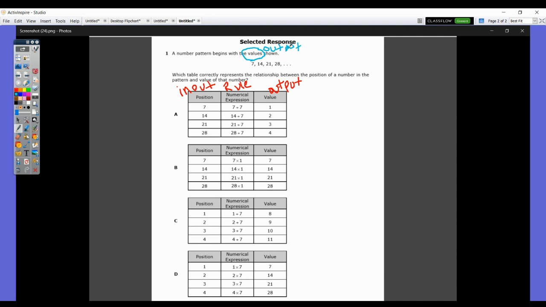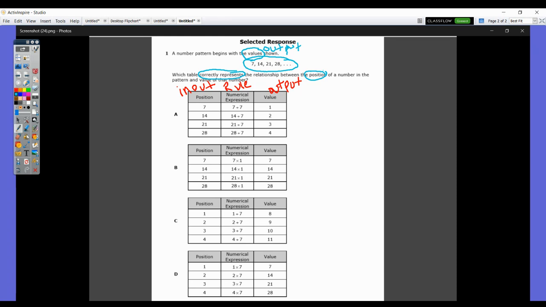They're saying that the values or the output has to be 7, 14, 21, and 28. Which table correctly represents the relationship between the position of a number in the pattern and value of that number?